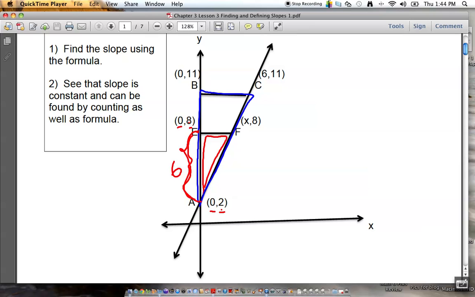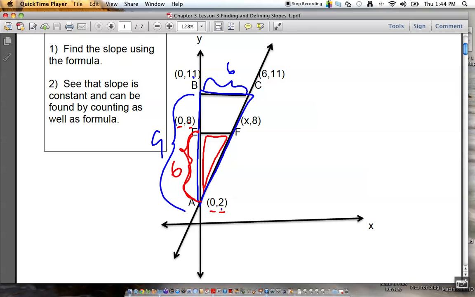Okay. Now, on the blue one, I'm going from 2 to 11. How high did I go there? 9. Not 10, 9. Good. On the other side, we want to figure out x. How far did I go from here to here if I went from (0, 11) to (6, 11)? 6, right? From 0 to 6.